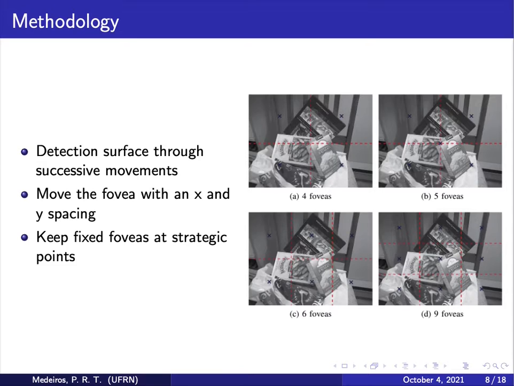We used the last possibility, and we subdivided the image into 4, 5, 6, and 9 regions. In each subregion, we put a fovea. Furthermore, we propose two methods that move the fovea using interactive mode.